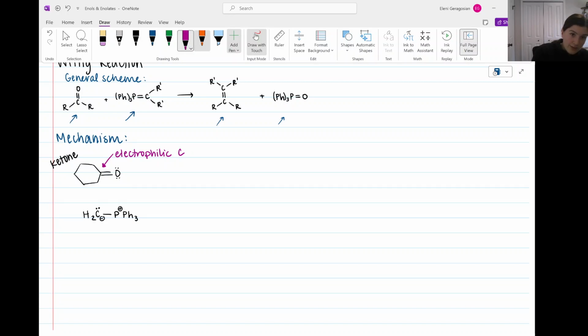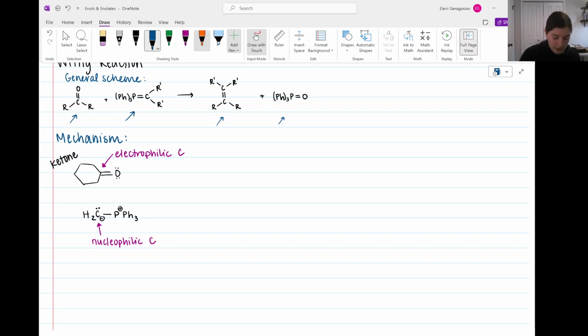We have an electrophilic carbon in the ketone or aldehyde, and in the ylide, we have a nucleophilic carbon. Just like when we form an enolate, we have a nucleophilic carbon in the enolate. I'm going to use a couple different colors in the mechanism here.